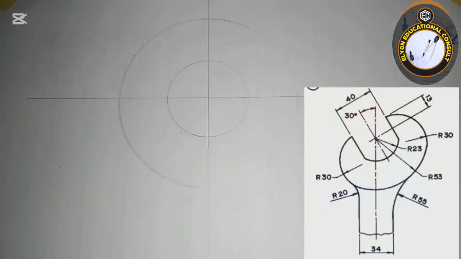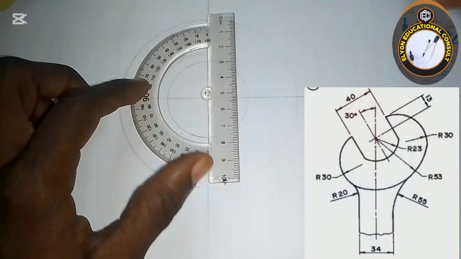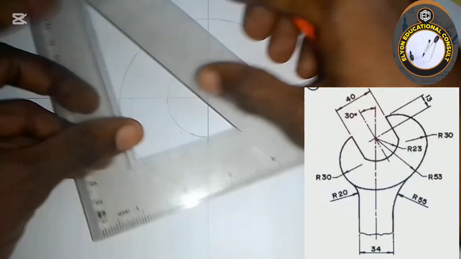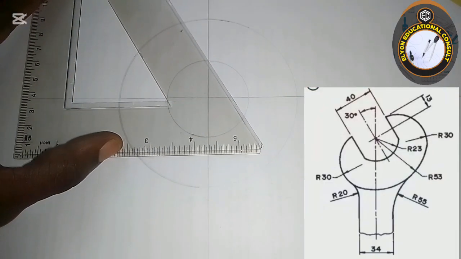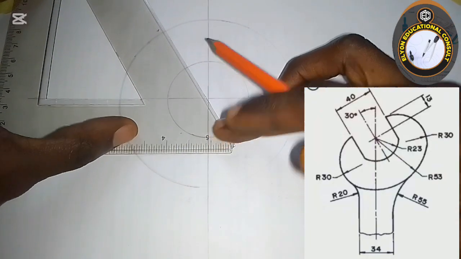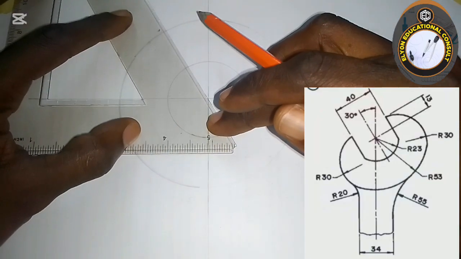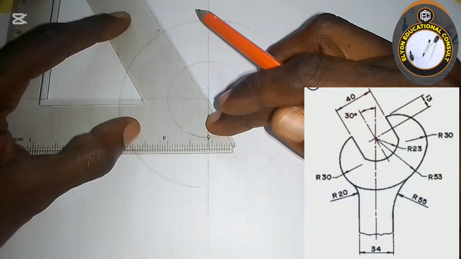Either you use your protractor to bring out 30 degree like this, or better still, you can use your set square this way. Just put your set square this way, let it be aligned with this center line for the two concentric circles.